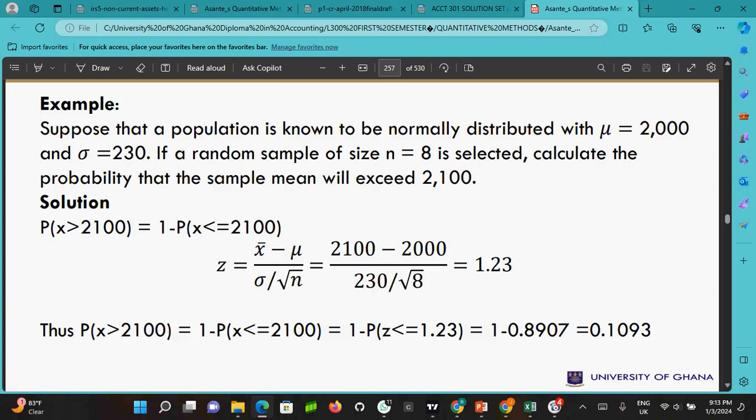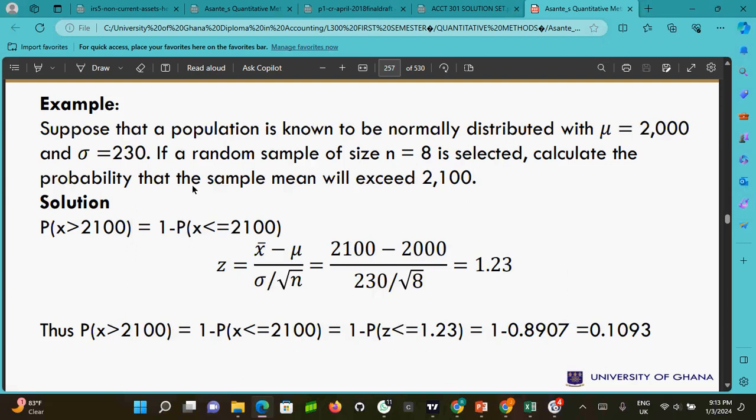Okay, so for example, suppose that the population is known to be normally distributed. Since they've already told us, even though the n is 8, they've given us that it is normally distributed, so we are still using the normal distribution central limit theorem. If they had not told us, that one would be treated in another way.